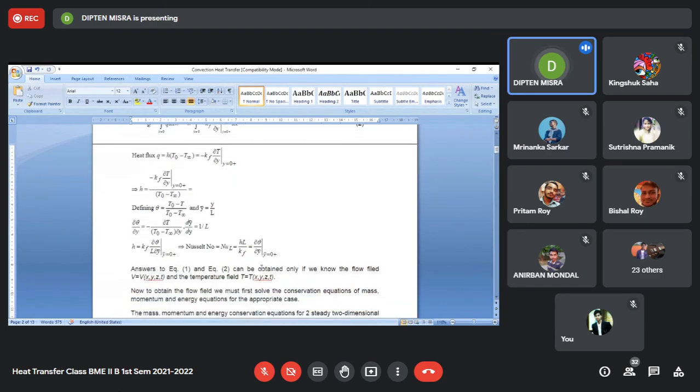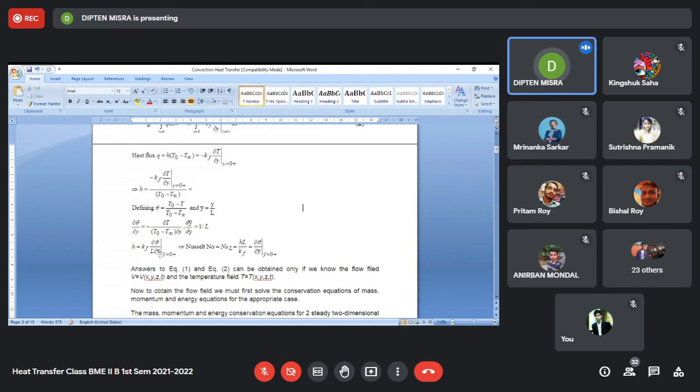All these questions, if you want to find out, then you have to find out how theta varies with Y. Once you know how theta varies with Y, you can calculate the Nusselt number, or you can calculate the value of H. H you can calculate if you know how theta varies with Y or Y bar. Question is, how do you know how theta will vary with Y?